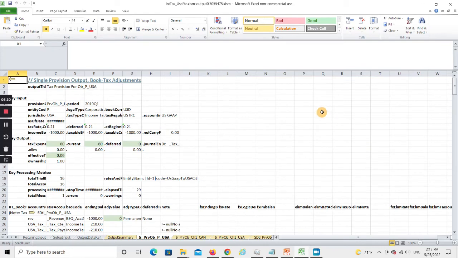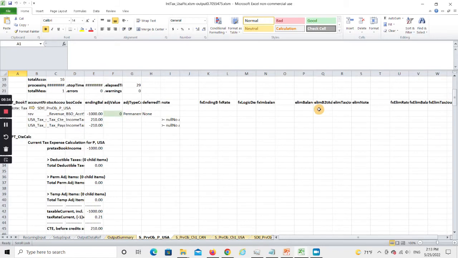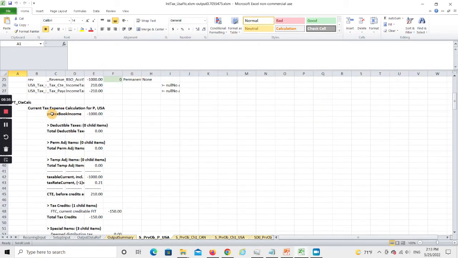And here we are going to take a look at the calculation of the current tax expense for P and the USA tax. The income is $1,000 and there are no adjustments. At 21%, we have 210 before credits. So far everything looks normal.